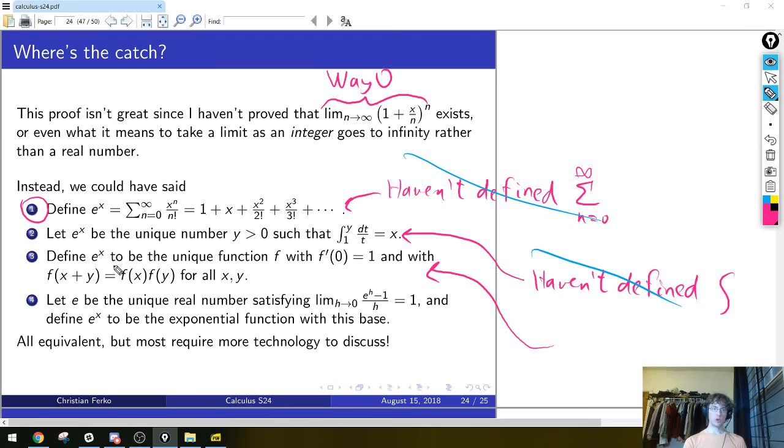So you could define the function e to the x to be the unique function whose derivative at 0 equals 1, and who has this multiplicative property. That's a totally valid definition. It's surprising, but imposing those two conditions uniquely picks out a single function. There's only one function that can have both of those at the same time, and that function is e to the x.